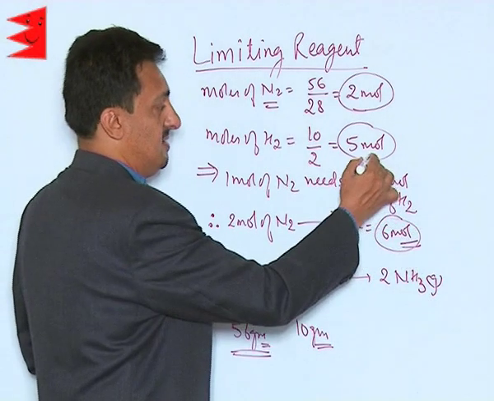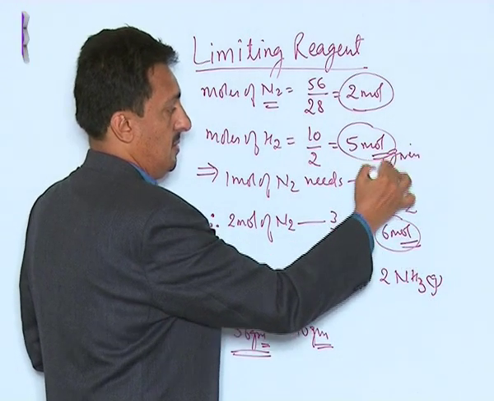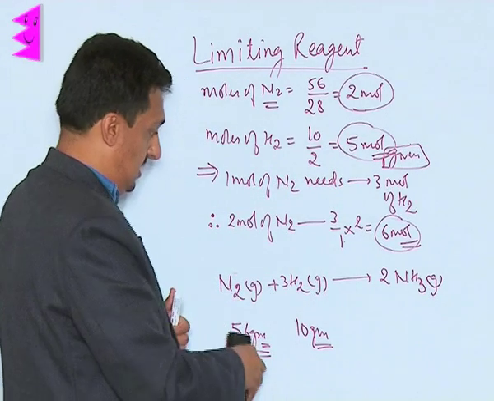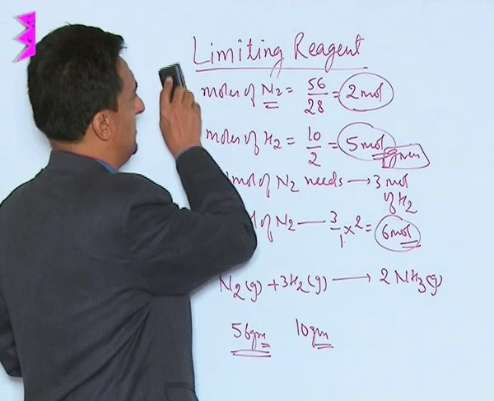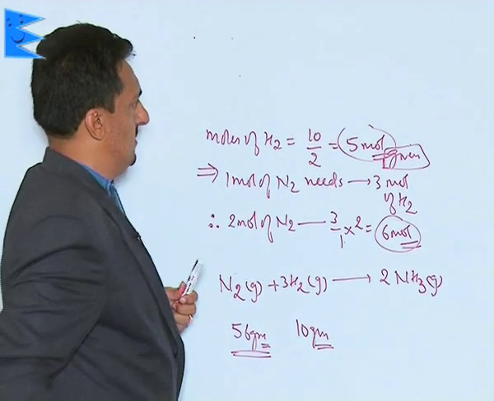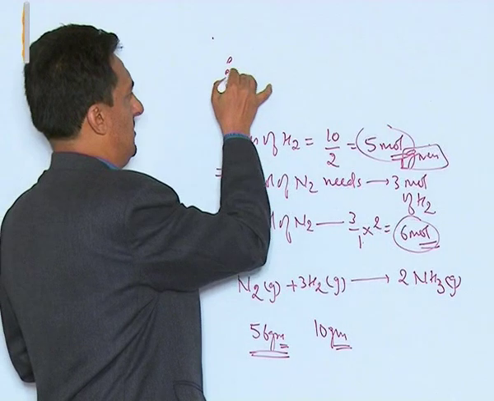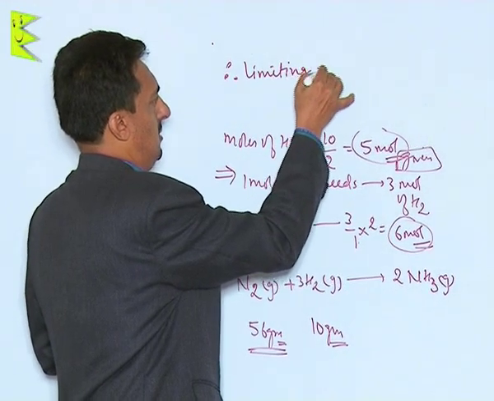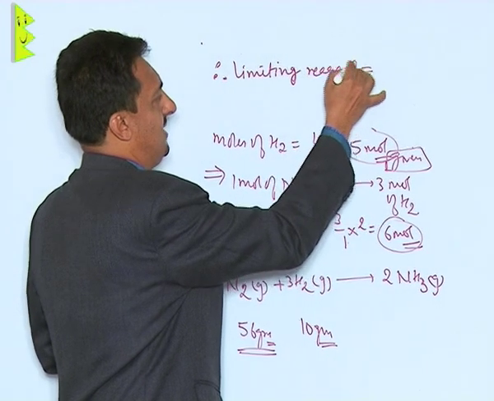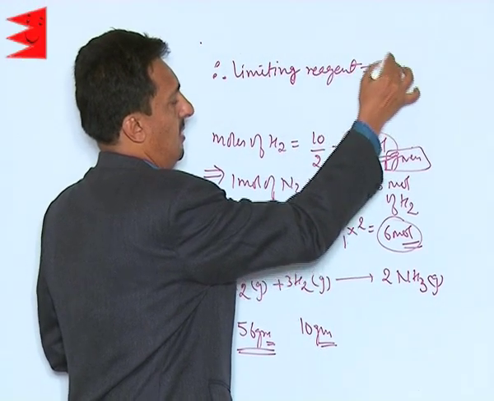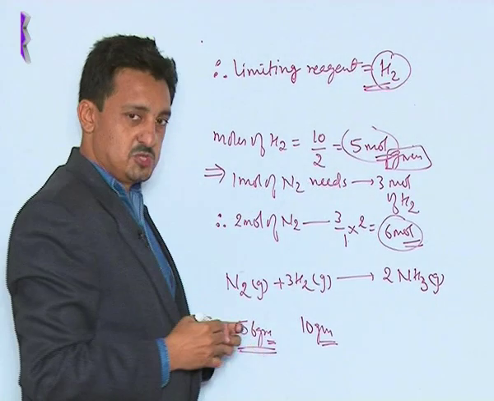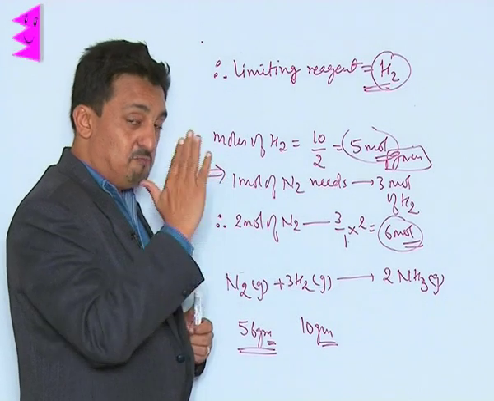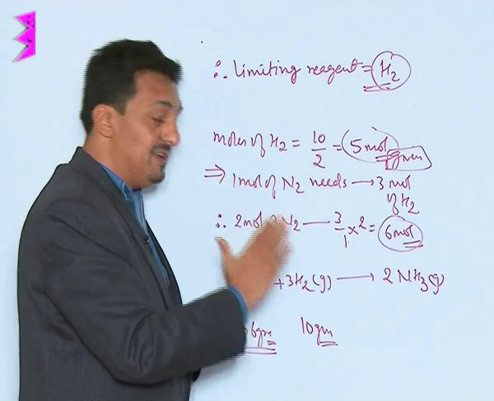But we are given 5 moles. So which is your limiting reagent? Your limiting reagent is, therefore, hydrogen.